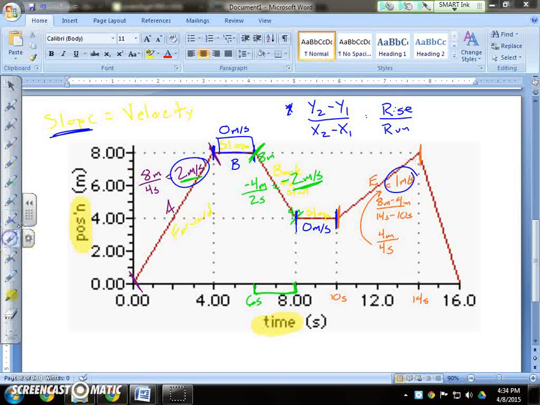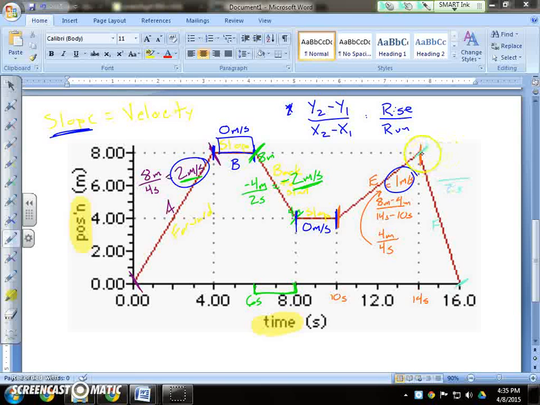And then our final segment, if we're at E, this is going to be F. F is simply from this 14-second area to the 16-second area. So if we're doing our rise over run, I already know x2 minus x1 is our time, and 14 to 16 is 2 seconds.